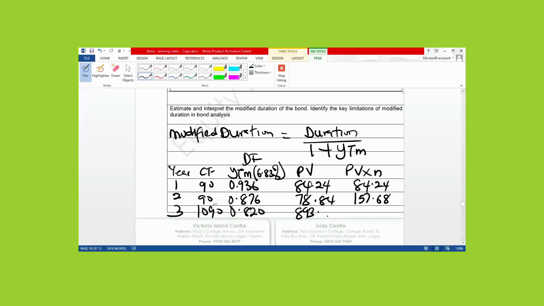3 multiplied by 893.86 is 2681.4. Now your summation. Summation of present value, and summation of present value multiplied by n.